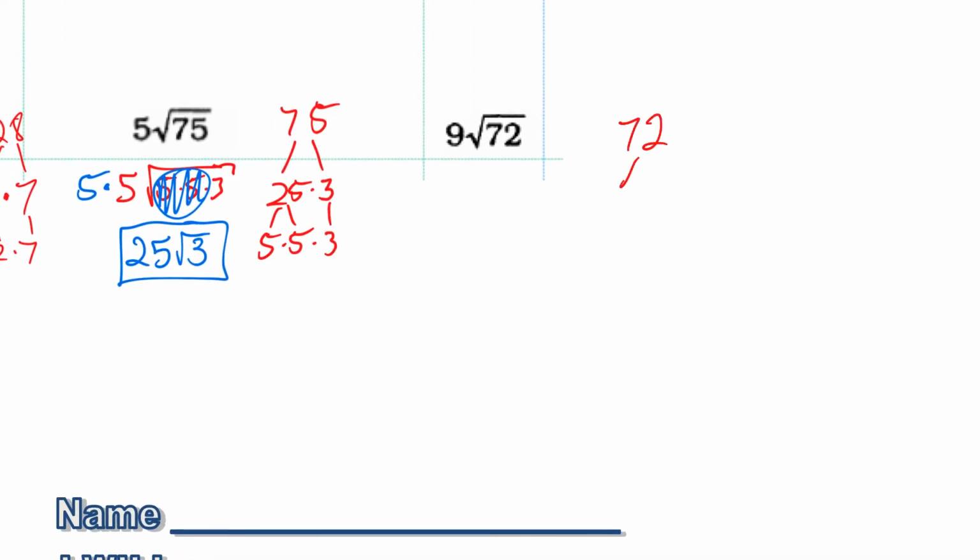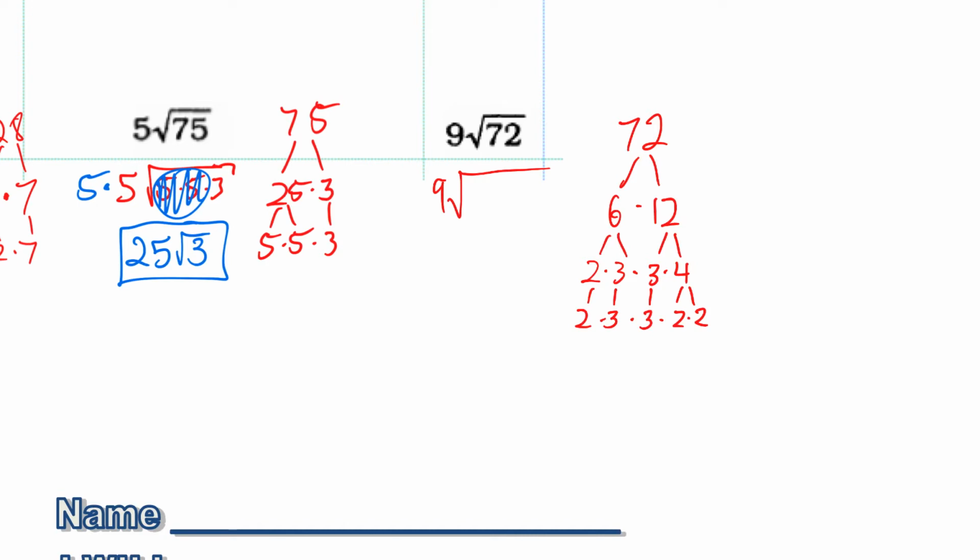All right, how does 72 break down? 6 and 12. So we get 2, 3, 3, 4, 2, 3, 3, and 2, 2. So we have a 9 on the outside. And on the inside, we're going to have 3 2s and 2 3s.